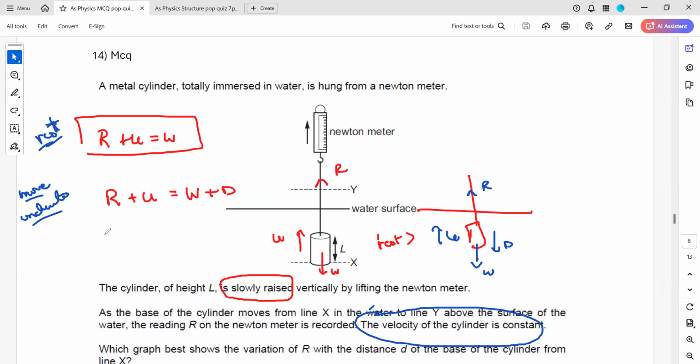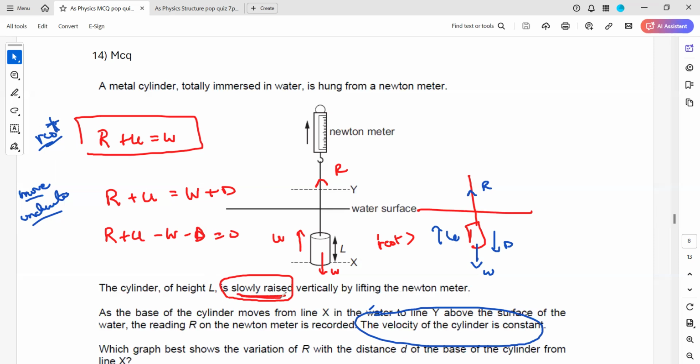Or we can say R plus the upthrust minus the weight minus the drag equals 0. Because it is moving at a constant velocity, the sum of all the forces should be 0. The resultant force should be 0.